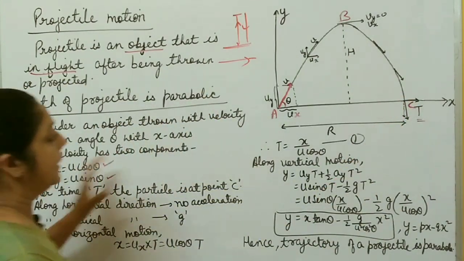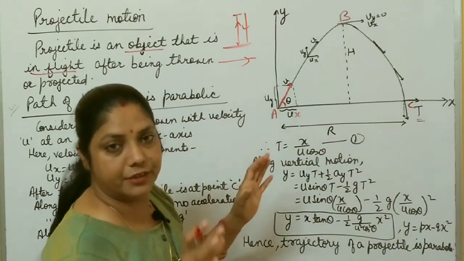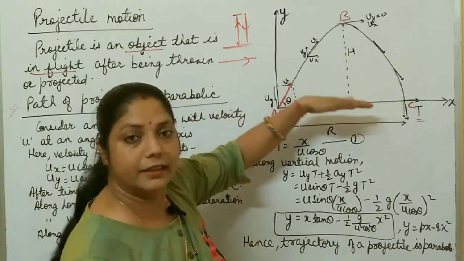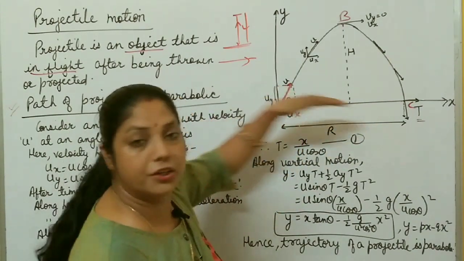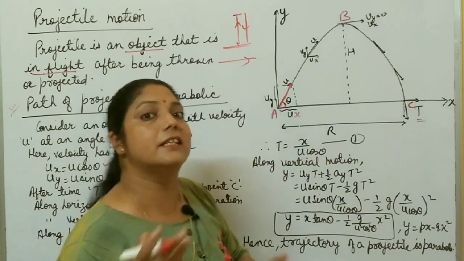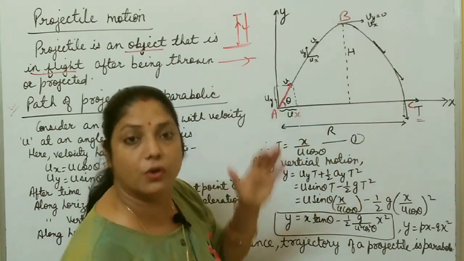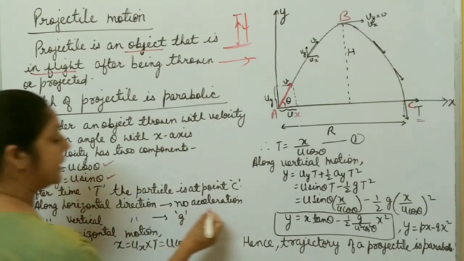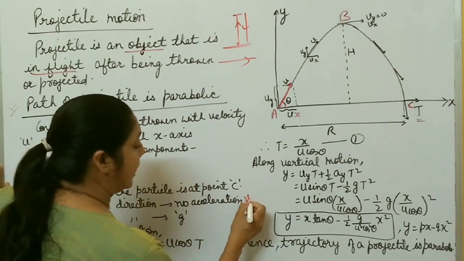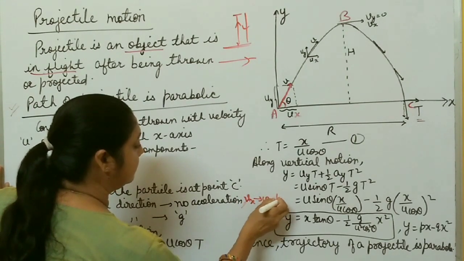Now you know that along the horizontal direction, if we neglect air resistance and friction, there is no acceleration. So acceleration along the horizontal direction is 0, and acceleration 0 means velocity along the horizontal direction is always constant. So ux is always constant, right?